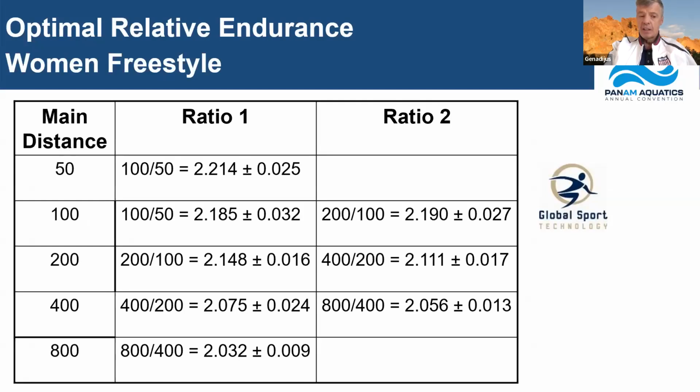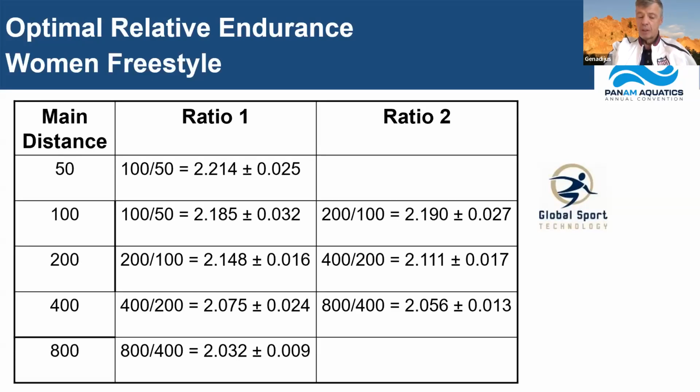The longer the event female swimmers are swimming, the lower the ratio between times. But female ratios are slightly lower in general than male swimmers' ratios. And that's because females are not as powerful. They have better endurance in general. So that's why they have a better ability to maintain speed from shorter to longer distance.